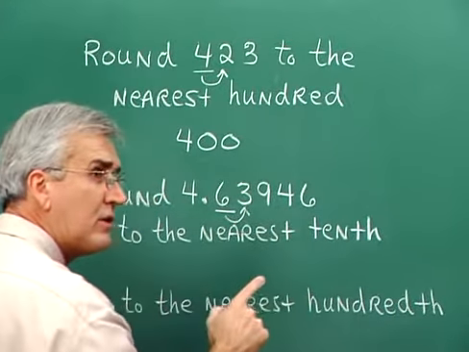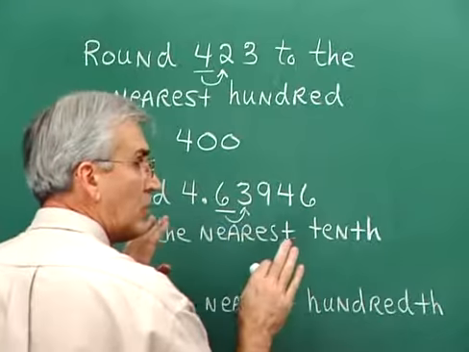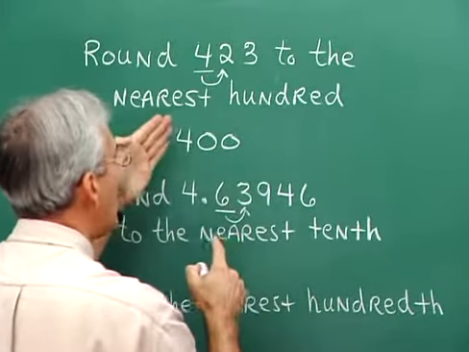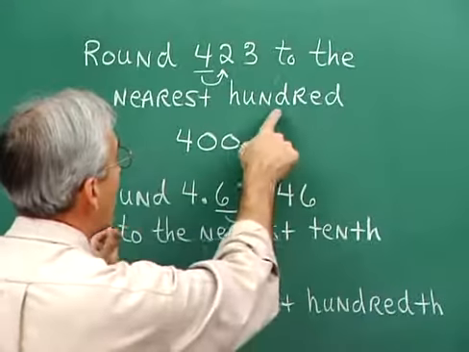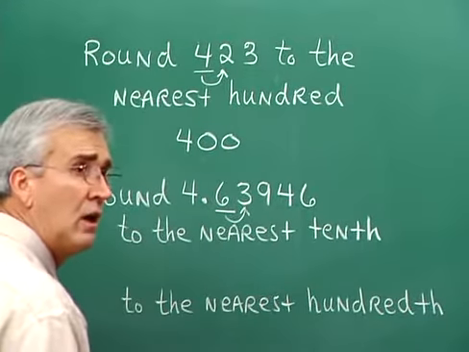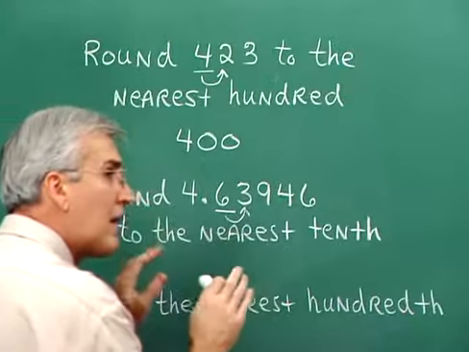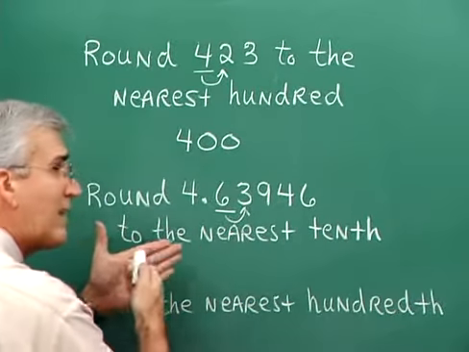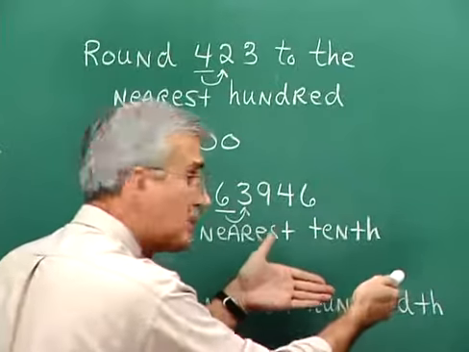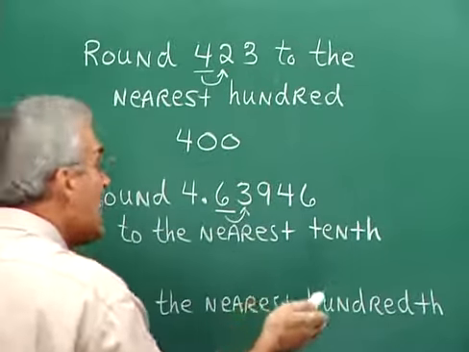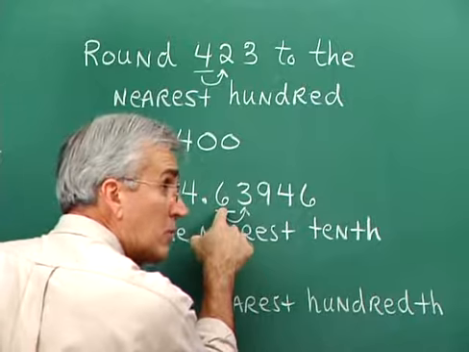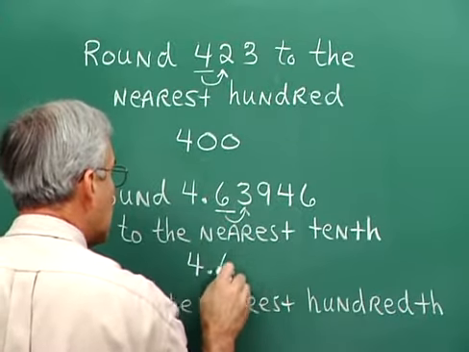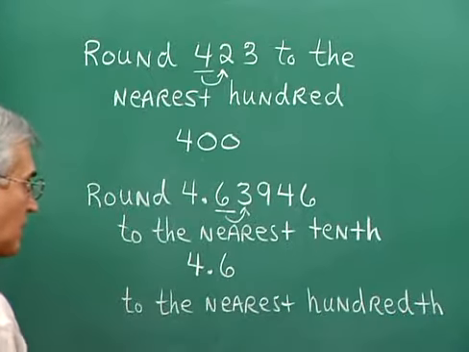Well, we don't really need to do that with decimals, because we needed those zeros here to describe a number that is in the hundreds when we're rounding off to the nearest hundred. But here, when we're describing the nearest tenth, we only need to describe a number that goes to the tenths place, you see. So to the nearest tenth, the decimal part is going to be 6 tenths. So it's 4 and 6 tenths to the nearest tenth.